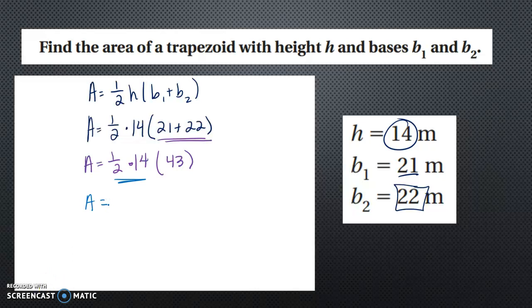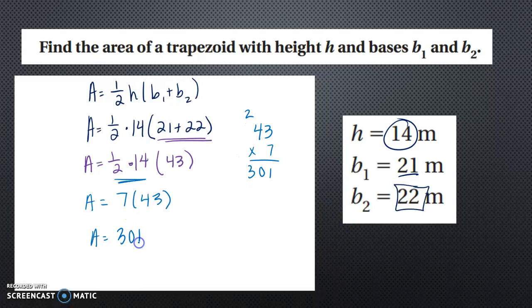If I cut 14 in half, I get 7 multiplied by our 43. And this one, I'm going to have to do the math to the side. 43 multiplied by 7 should get 301. Our label for area for this one is meters, and we always square our area. So 301 meters squared.